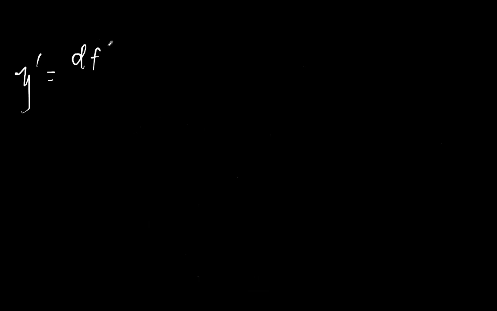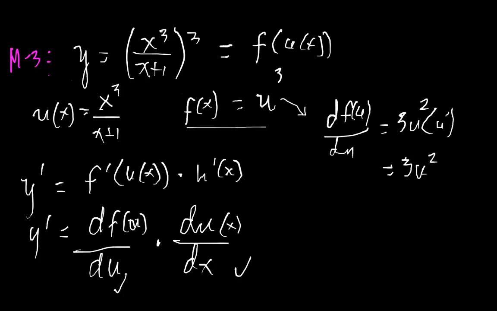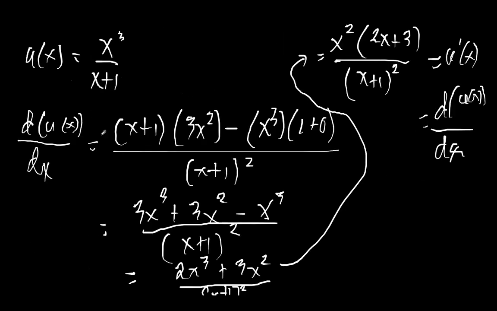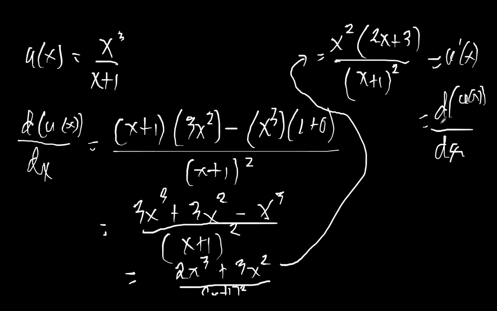So df of u over du times du of x over dx. And let's make use of the values that we got from the derivative of u. The derivative of f of u is 3u squared times the derivative of u of x.